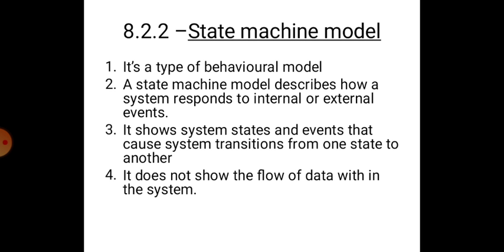Point number 3. It shows system states and events that cause system transition from one state to another. So students, it shows the different states and events which are responsible for system transition from one state to another. It does not show the flow of data within the system.